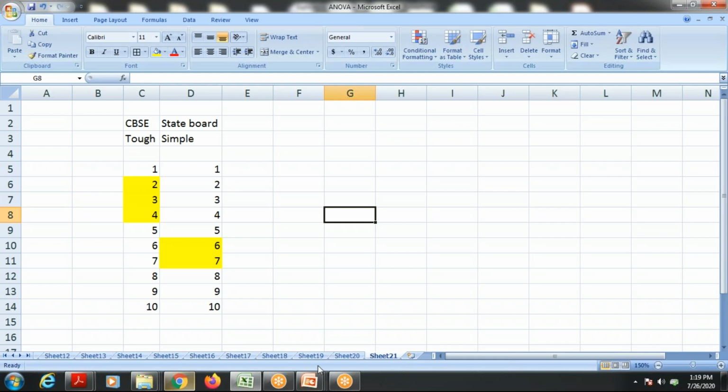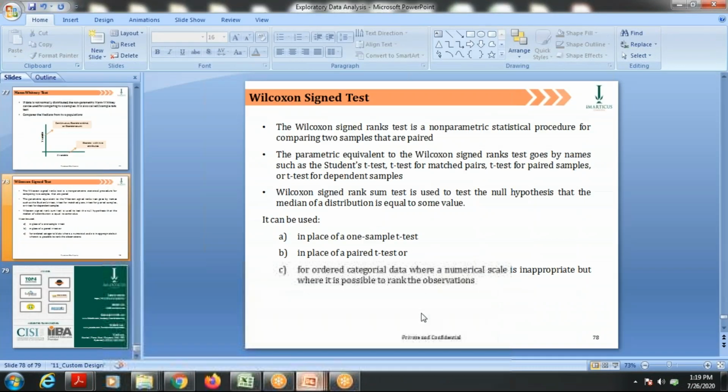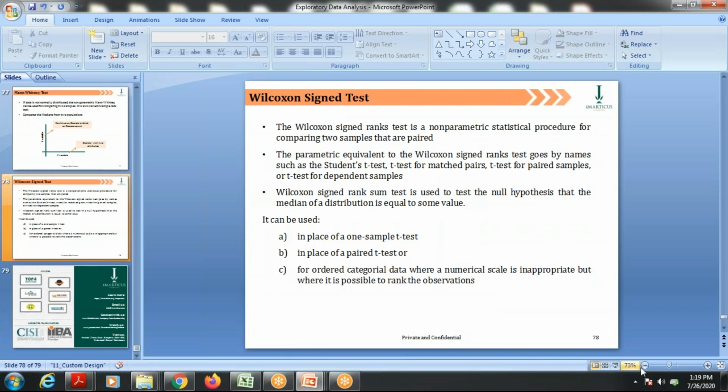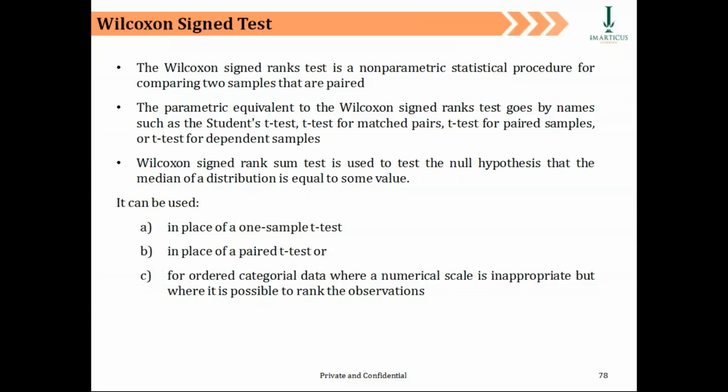This is what your slide is saying. So if I go back to the slide, this is what the Wilcoxon sign test is. It's the Wilcoxon signed rank test given here.